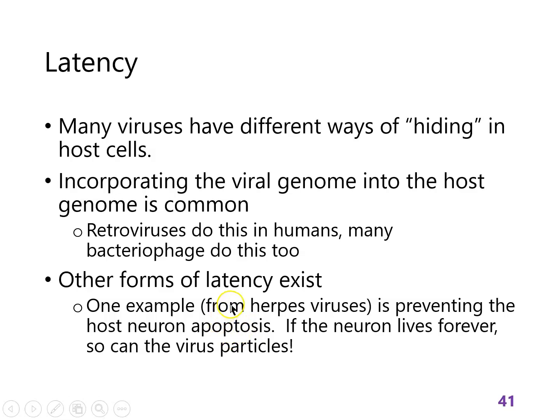If you think about the varicella zoster virus that causes chickenpox, if you get chickenpox, then this virus goes and hides in your neurons until you're 65 years old, and then it goes and causes shingles. So it's literally hiding in the same neuron for decades. It's kind of amazing.